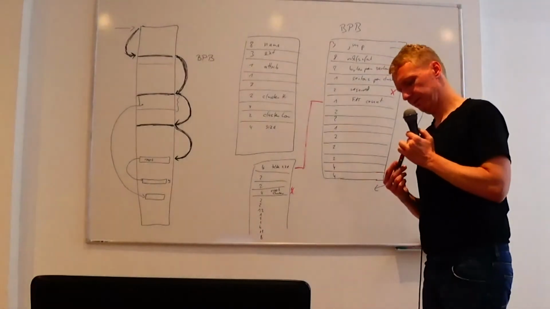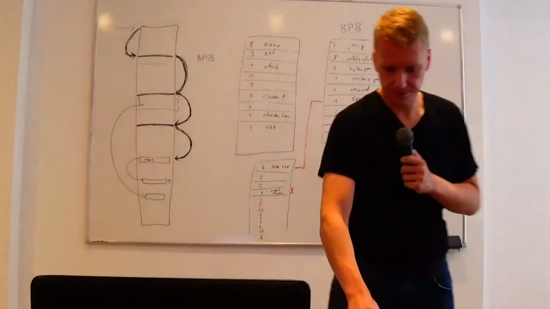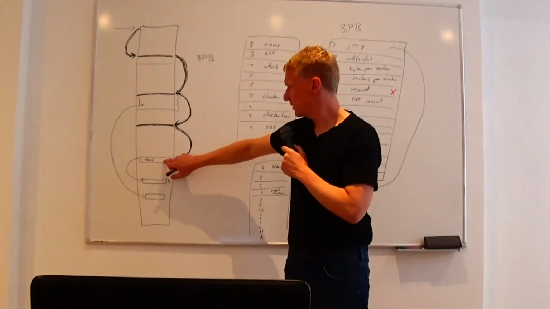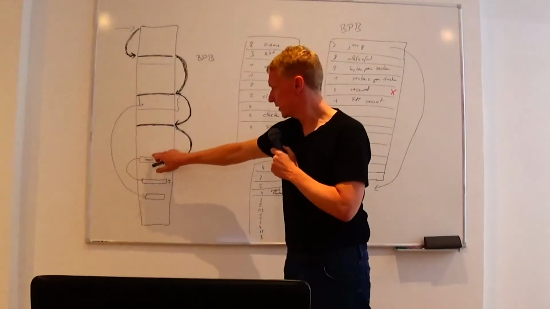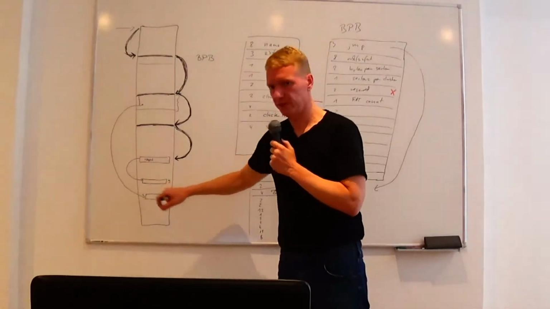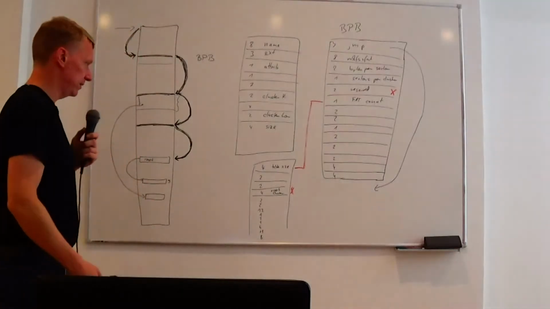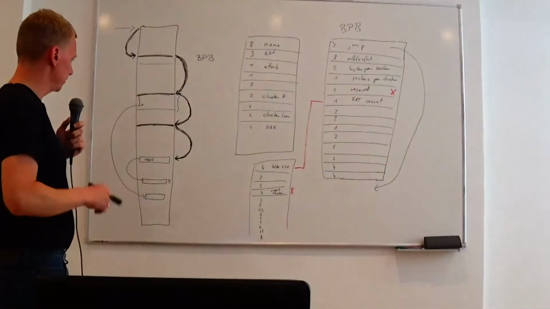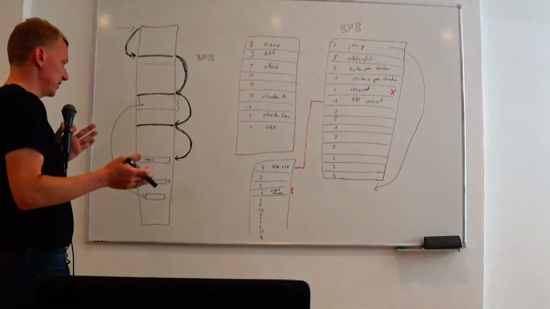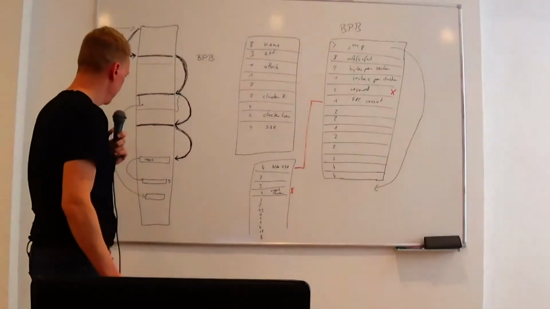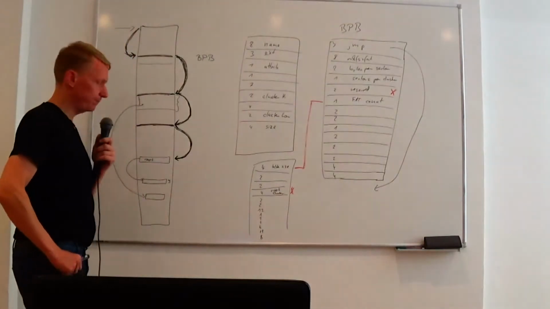But the point is we only loaded the first sector of this directory and the first sector of these files. So the question is, what is going on if the files are larger than one sector? I mean, a sector is only 512 bytes, so that's not much.